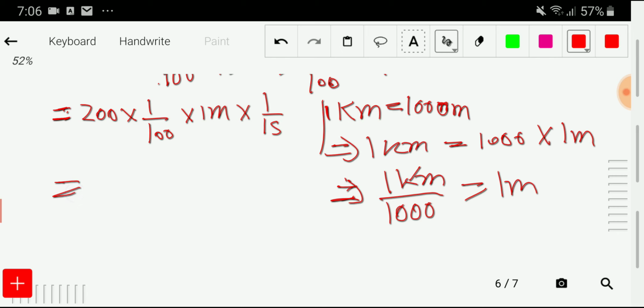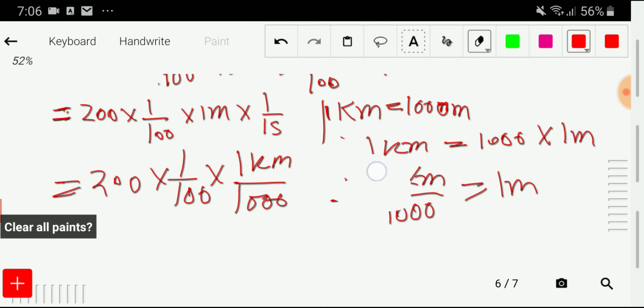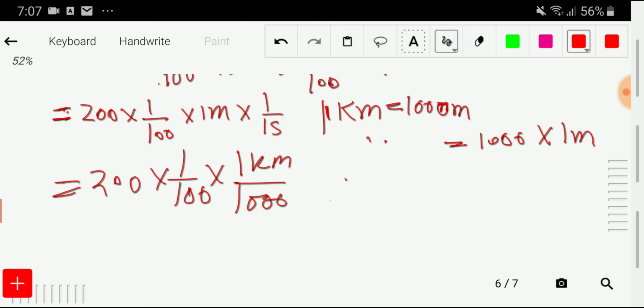So now I put the value of 1 meter: 200 times 1 by 100 times 1 kilometer divided by 1000, and here we also have 1 by 1 second. So we have converted centimeter to kilometer.